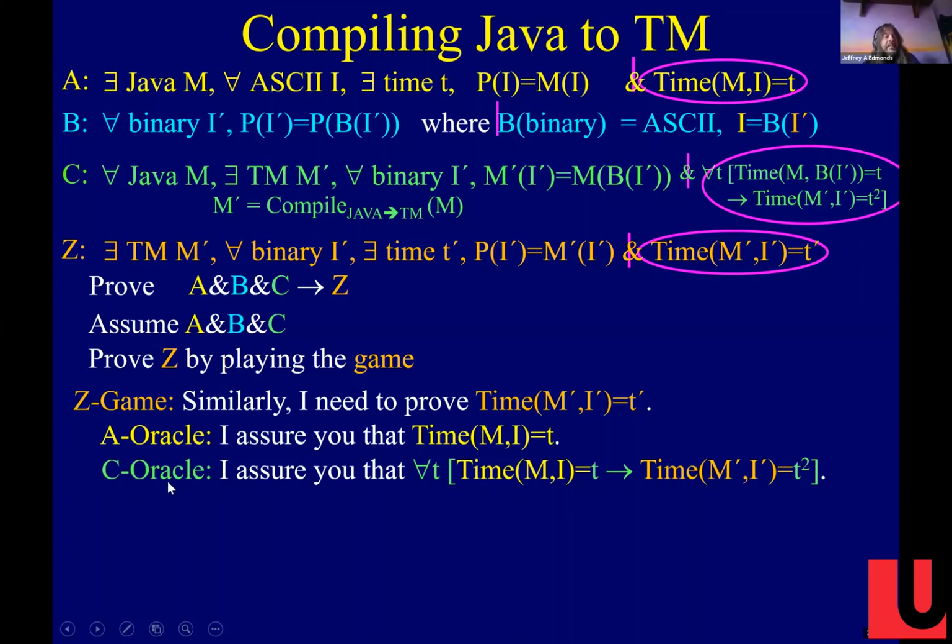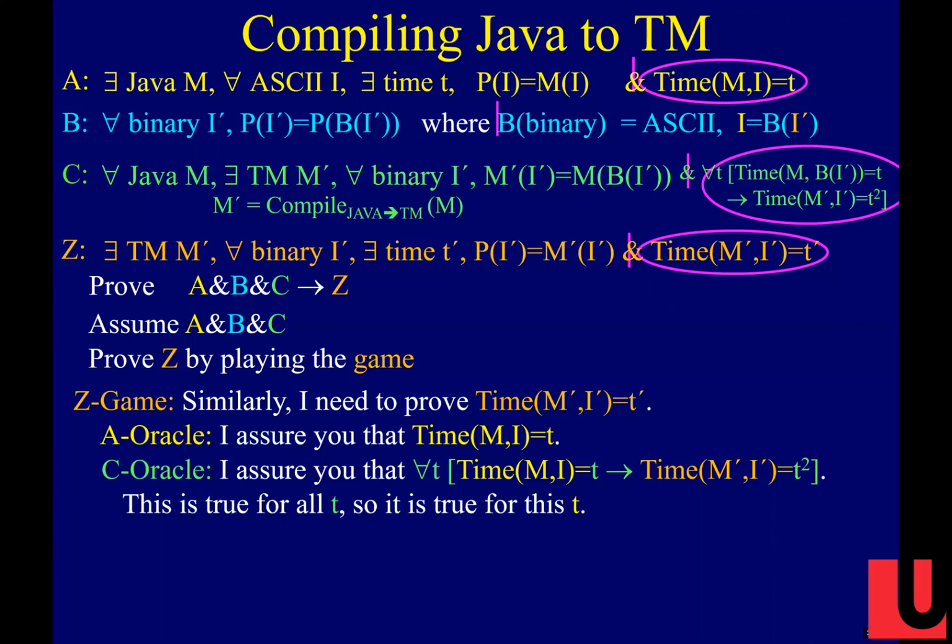Oracle C is the compiler saying, I took your Java program and compiled it into a Turing machine, in such a way that the running time squares. That's what she promised us.